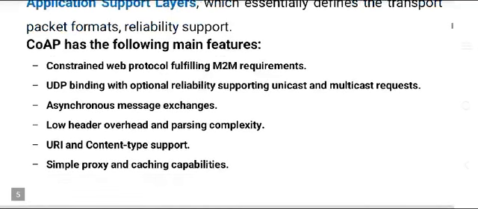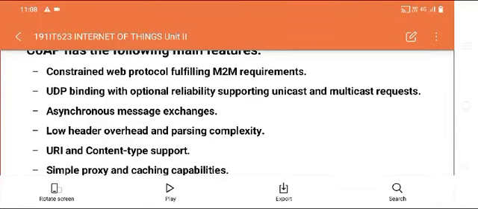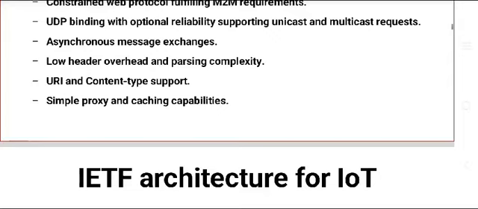Some of the main features of CoAP are that it is a constrained web protocol, which has M2M requirements. Next is binding of UDP with optional reliability support. It also supports unicast and multicast requests. And third is asynchronous message exchange, so we can exchange asynchronous messages.